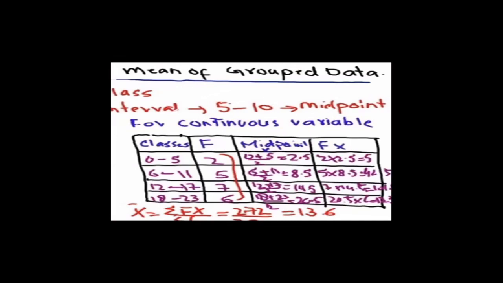First of all, as I told you, we are going to find out the mid value or the midpoint. How do we do that? We add the lower and the upper limit and we divide it by 2. The first example, 0 plus 5 divided by 2 is 2.5. Accordingly, we are going to calculate the mid values of all the given class intervals.